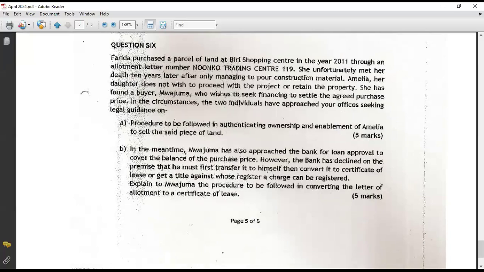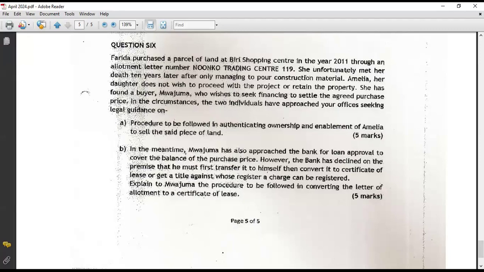So the first step is to check whether Farida had met the conditions of the allotment. That should be denoted in an acceptance letter indicating the acceptance of the allotment and how the conditions have been met or will be met. Then once that confirmation has been done, a licensed surveyor shall be engaged.